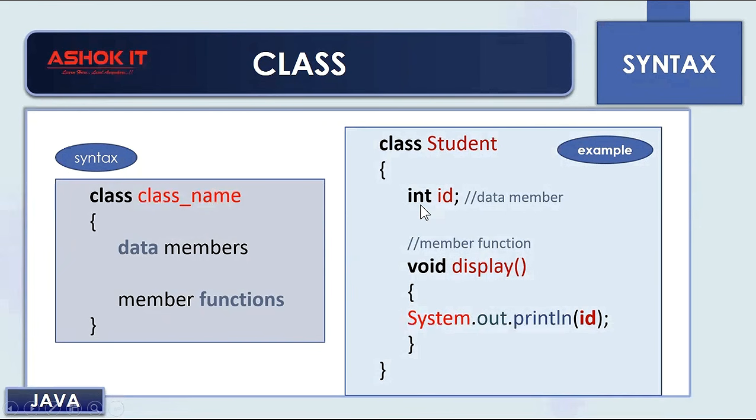Here, int ID is declared as the data member, and the member function is void display. A member function, or method, is a set of statements which, when executed, performs some task. Here the member function is display, which when executed will display ID. So this is an example of a class.